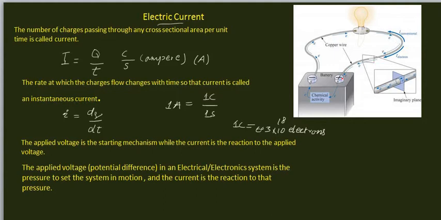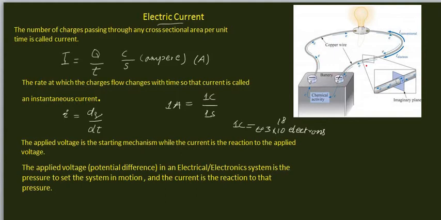In a conventional current, we consider that the current exists in the conductor due to the flow of positive charges. But in an ordinary current, we know that the current is flowing from the negative terminal towards the positive terminal, and we are all sure that the current is due to the negative charges.